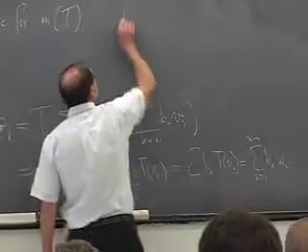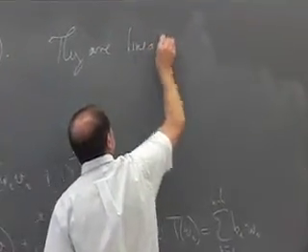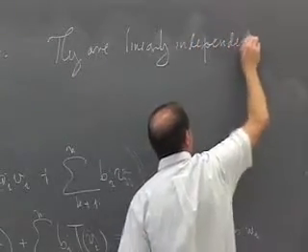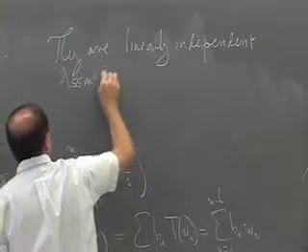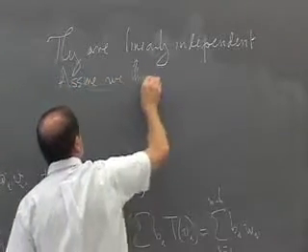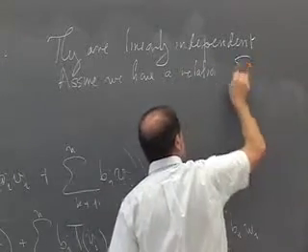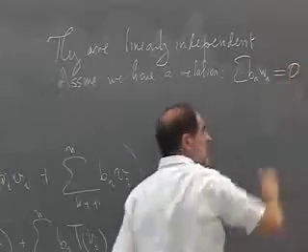Second thing, they are linearly independent. So we assume not. Assume we have a relation, and we write our relation as the summation of b_i w_i is equal to 0.